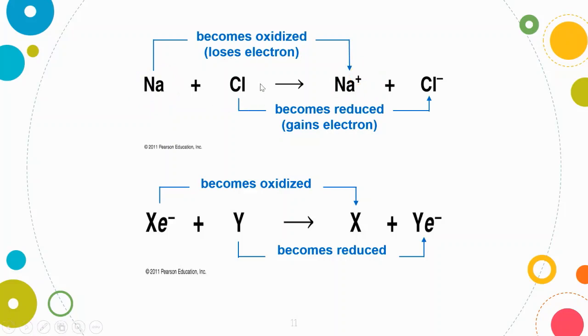And then the chlorine atom, after the reaction, the negative charge represents that the chlorine atom gained electrons and underwent the reduction process. So the sodium undergoes the oxidation process by losing electrons to become a positively charged sodium ion, and the chlorine atom undergoes the reduction process by gaining the electron to become the chloride ion.